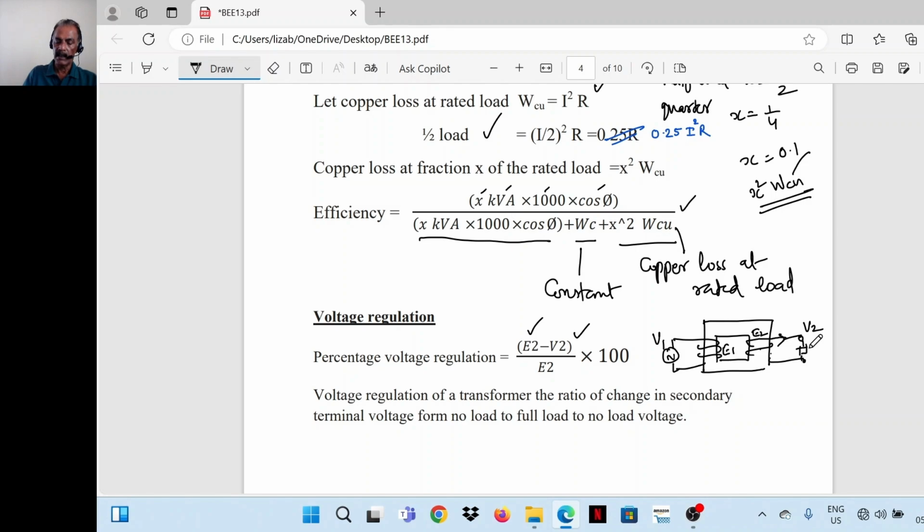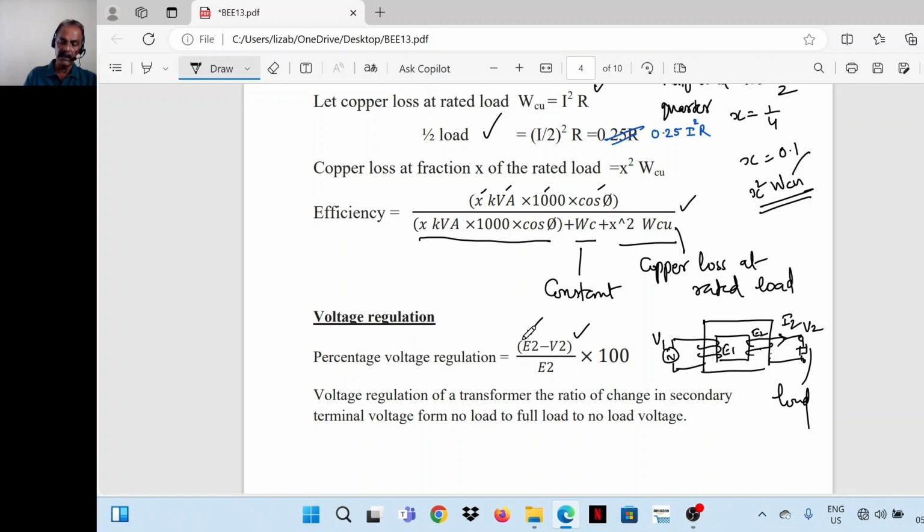Then load is connected here. When load is connected, there will be a voltage drop in the secondary winding, due to the resistance as well as the leakage reactance. So when current is flowing through the secondary winding, V2 will be less than E2.